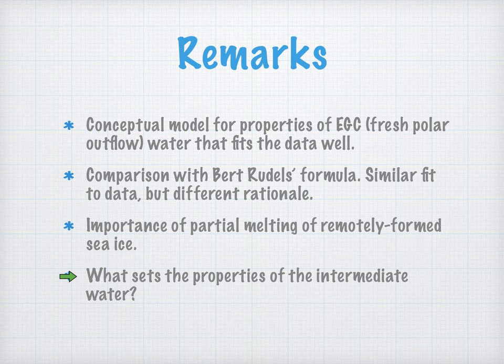And now here's the final remark about how this model is incomplete. If one wanted to construct a complete theory of why the polar end of the MOC takes warm, salty water and converts it into sea ice, the East Greenland Current, and intermediate water, one would need other arguments about, for example, the properties of the intermediate water.